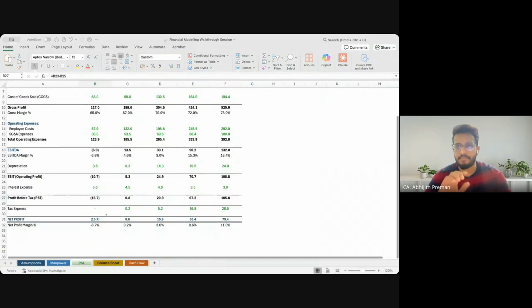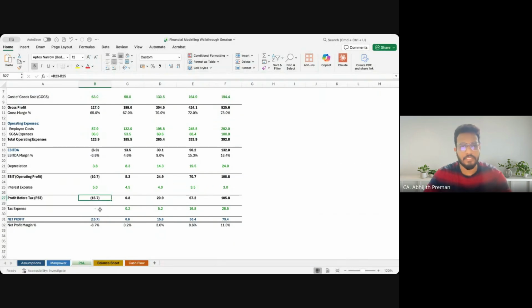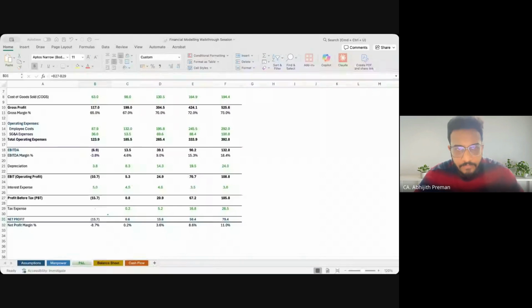Then we have tax expense of 25%. In the first year, since the profit is negative, it's a loss, we don't have any tax, so it's coming to zero there. Then we have the net profit, which is PAT, profit after tax. That is coming to negative 15.7. So that's it about the P&L. If you have any queries, we can ask now.